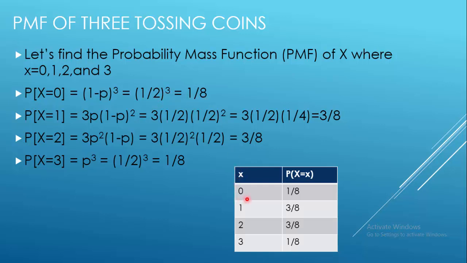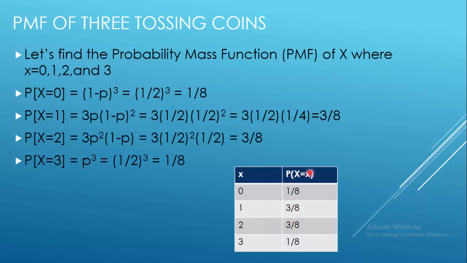So the probability of getting no head at all, or all tails in all three tosses, is 1 by 8, and the probability of having 3 heads is also 1 by 8, and the probability of having 1 head and 2 heads is the same, which is 3 by 8 and 3 by 8.